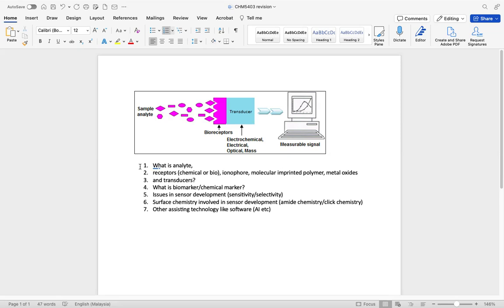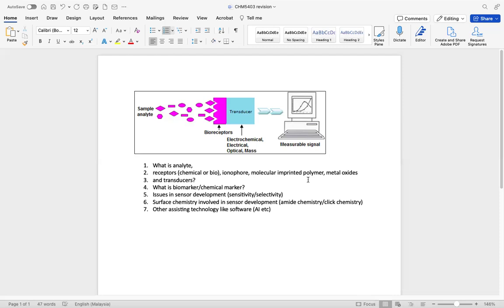Okay, and this molecular imprinted polymer, I think some of you in the separation class know, can be designed to serve as plastic antibody. Antibody is biological, but these types of polymer can be designed as plastic.